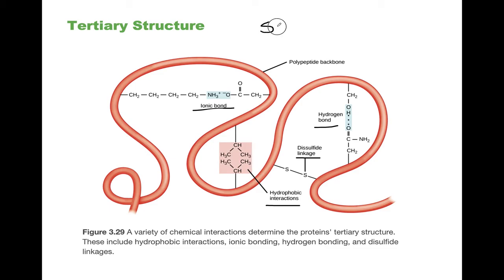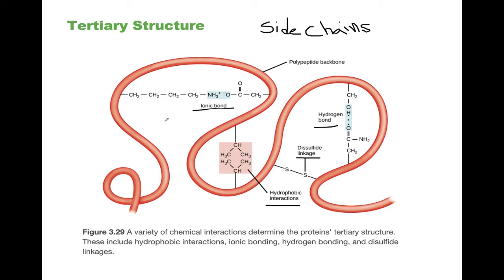So interaction between the side chains of amino acids makes it possible for the protein to fold on itself and take a particular shape.